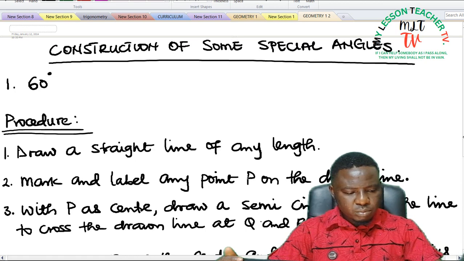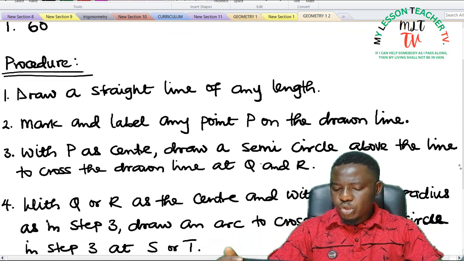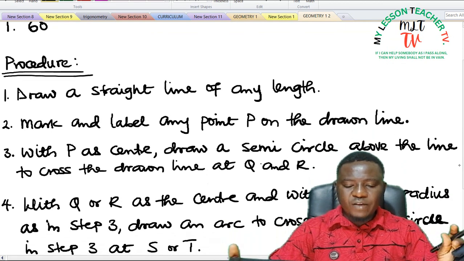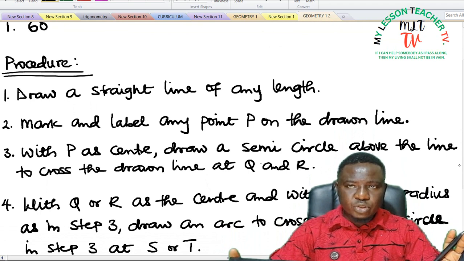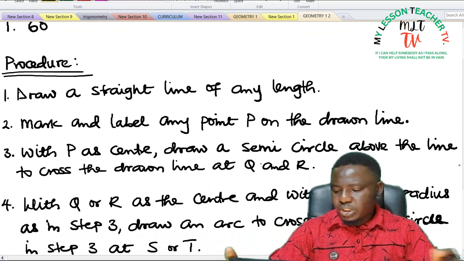The procedure is that we should draw a straight line of any length. I'm going to be doing a freehand sketch of all these angles, but with the use of your protractor and with the right procedures or steps as I'm going to outline, you can easily do this.